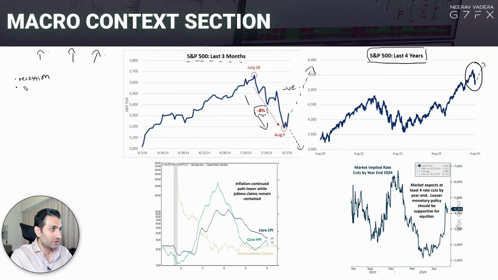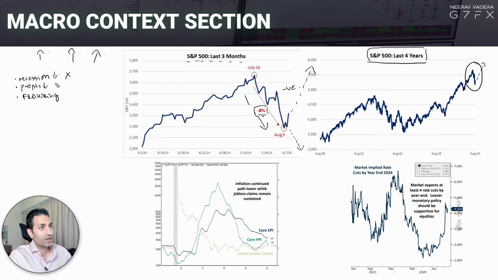You probably also need profits at companies to be in decline. So you need a recession, profits at companies to be in decline, and maybe some sort of shock to the system. It could be that the Fed is hiking, or it could alternatively be some sort of price shock, like housing prices collapsing. We haven't had any of that. Are we in a recessionary environment at the moment? Not at all.